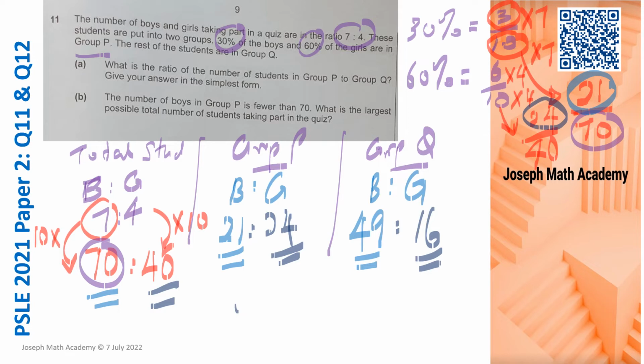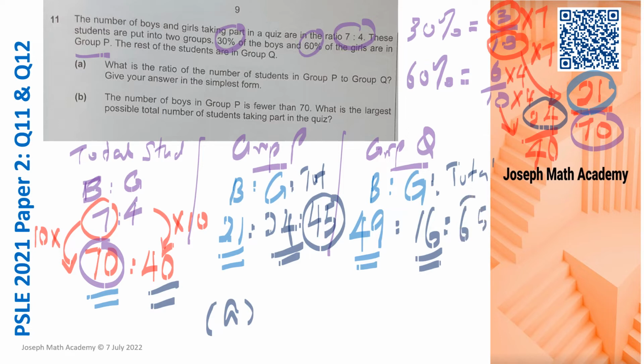Now I'm going to try to answer question A. What is the ratio of the students in group P to group Q? Now students in group P means they are expecting us to find the total and the total of the respective group. So the total in group P will be 45. The total in group Q will be 65.